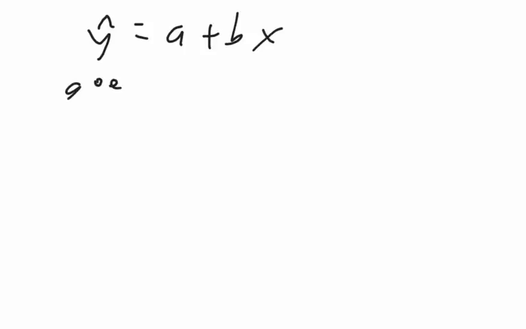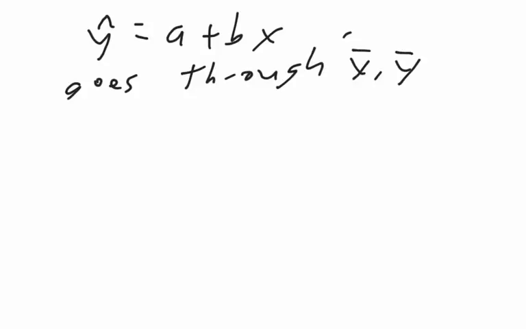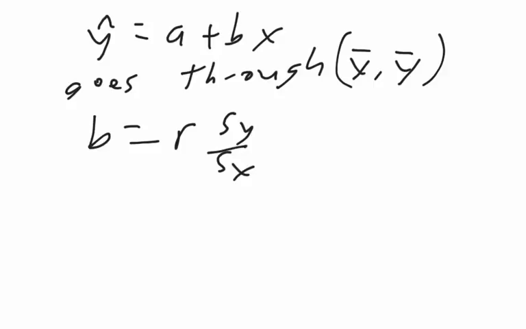It goes through x bar comma y bar. In order to get the slope, another way you can do it is you got r times s of y over s of x. Now we figured out how to find r before, so we could do it that way.